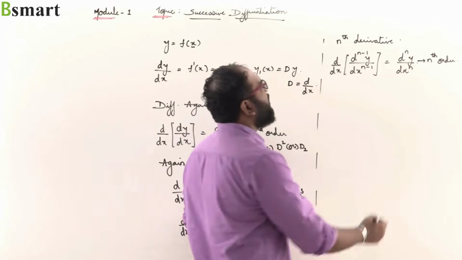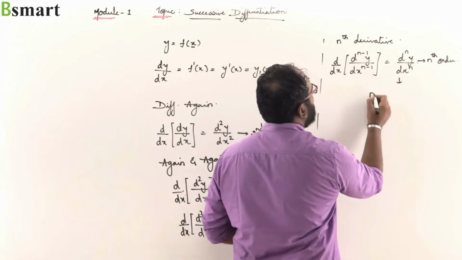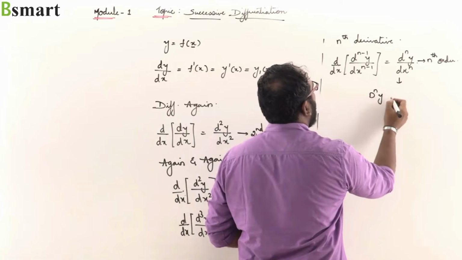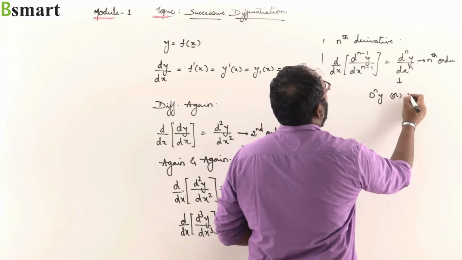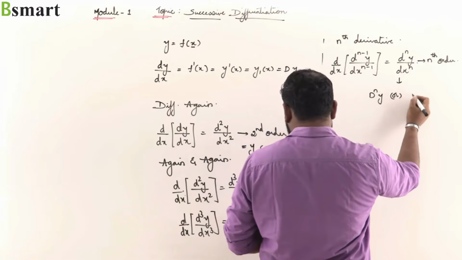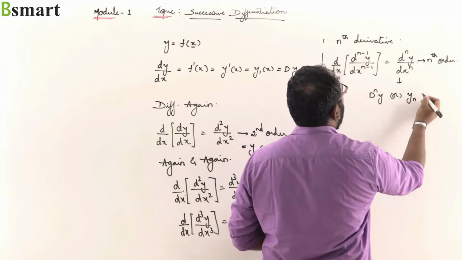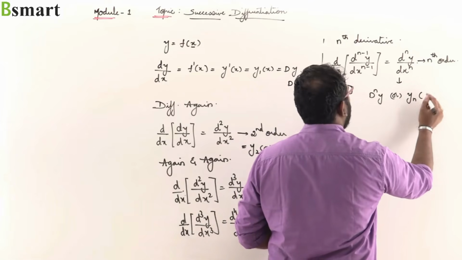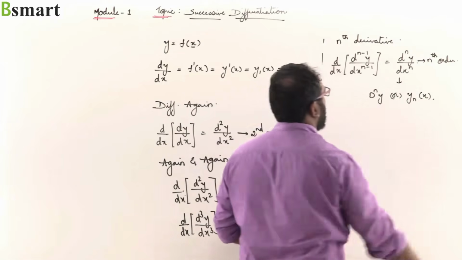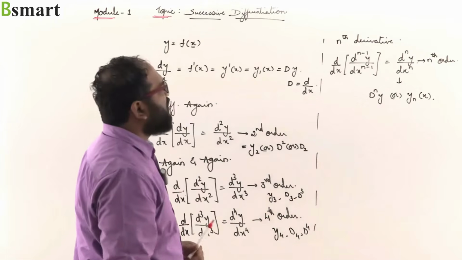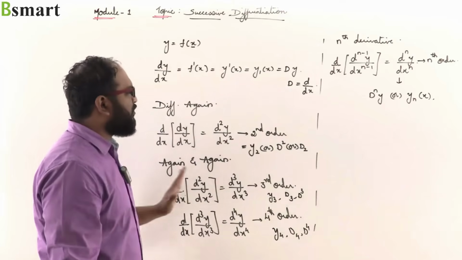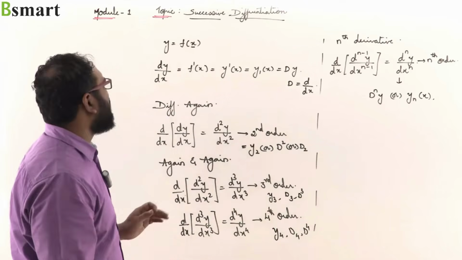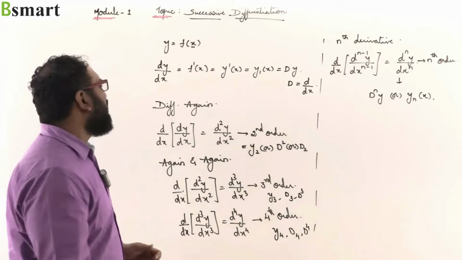The nth order derivative can be represented as d to the power n y, or as yn of x. So this is how we differentiate a function n times.